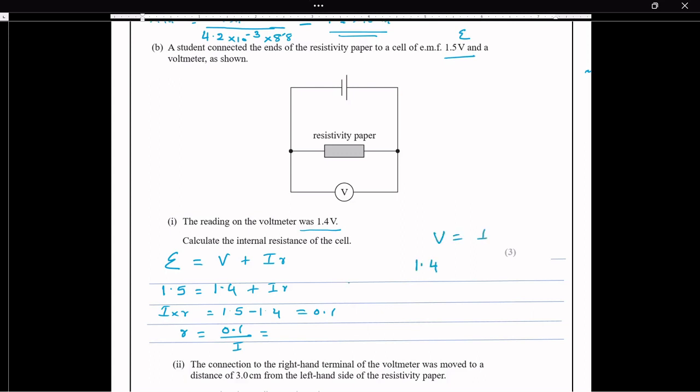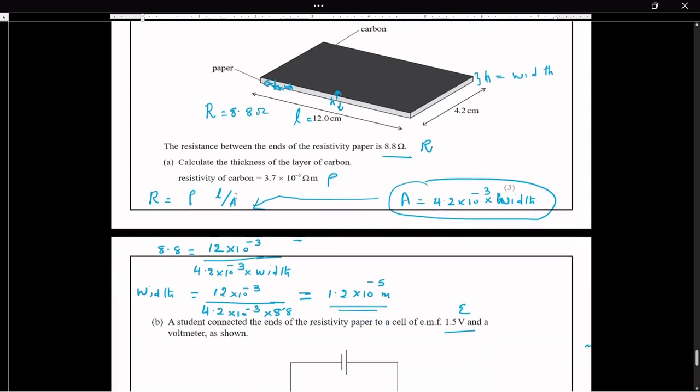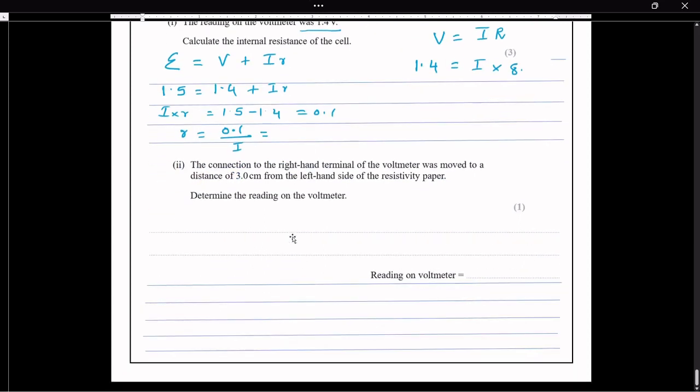V equals I times R. So this is I times the resistance, which is 8.8, because it's already given in this question. They said the resistance of this resistor paper is 8.8 ohms. It's given, so we can use that information here.